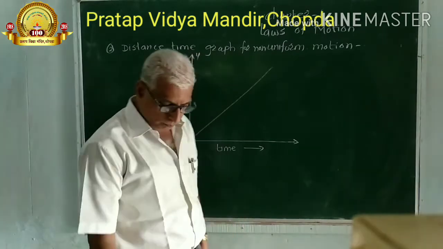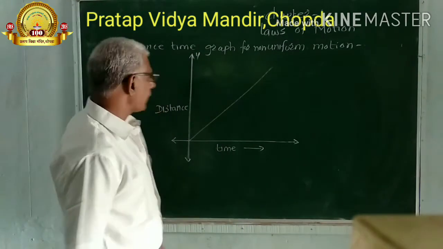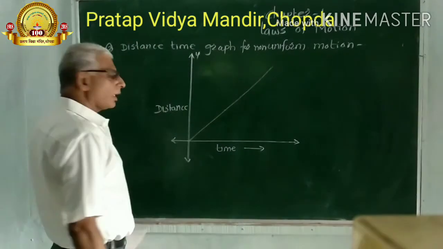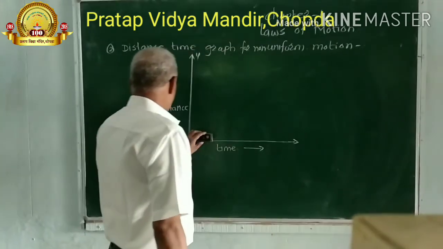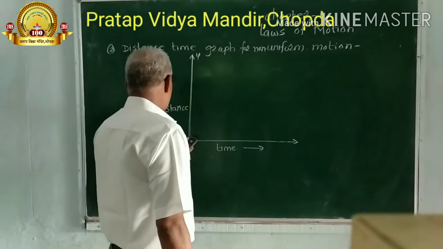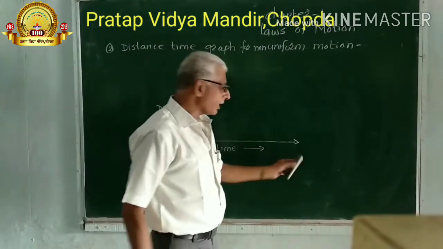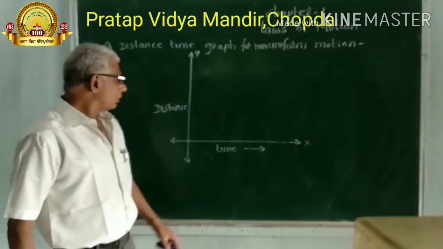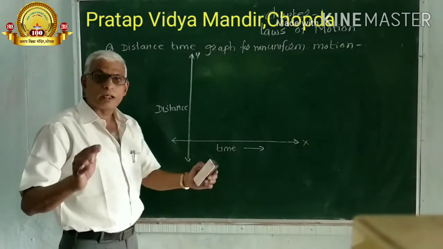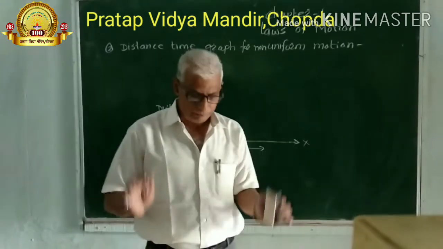Here also, to draw this graph, distance is taken again on the y-axis and time on the x-axis, so the graph does not become a straight line.